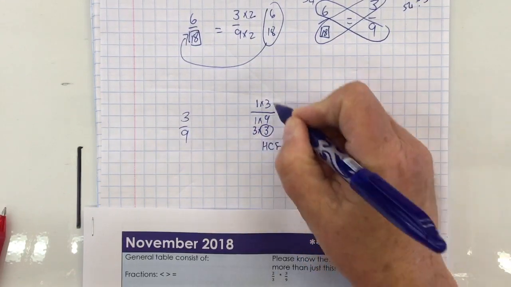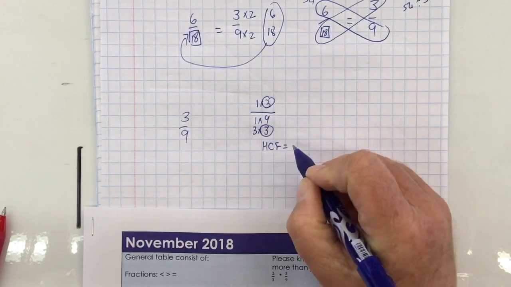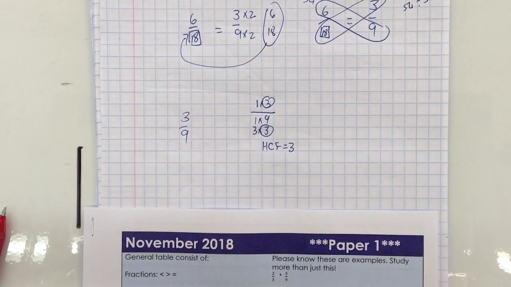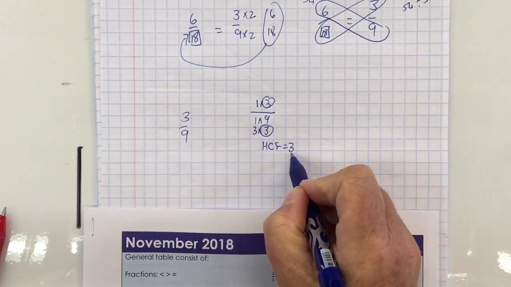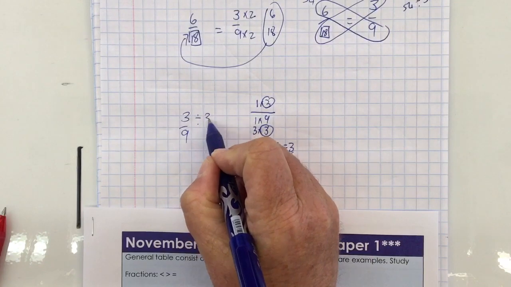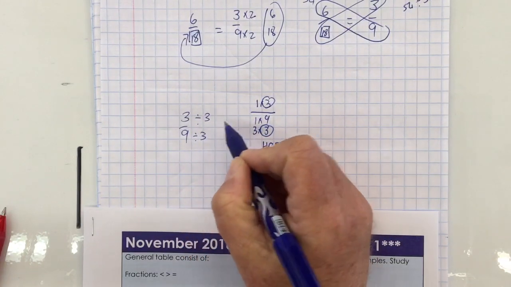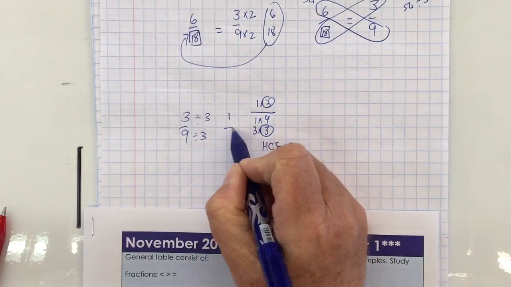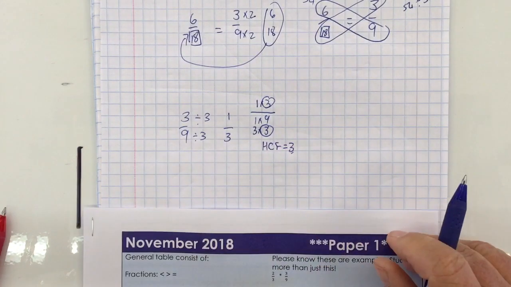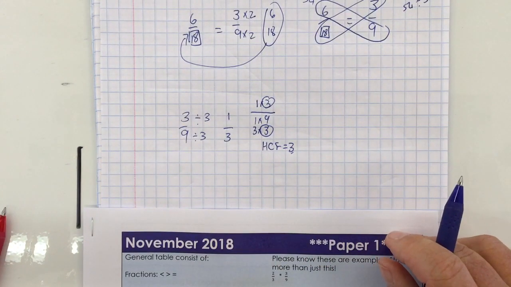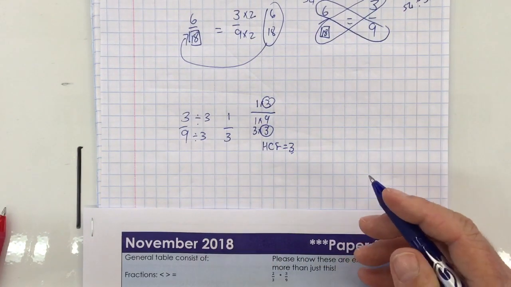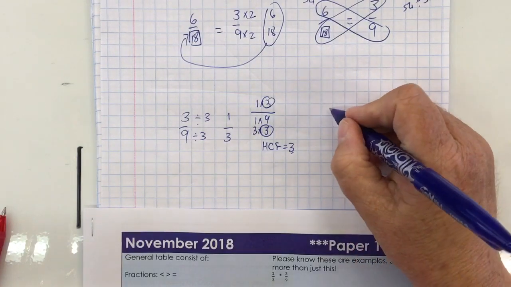The number that comes up top and bottom is 3. That is your highest common factor. You take that 3 and you divide by 3, and you should get 1/3. So 3/9 is 1/3.